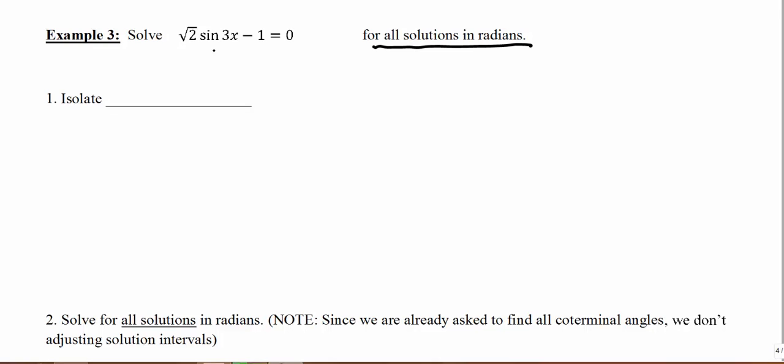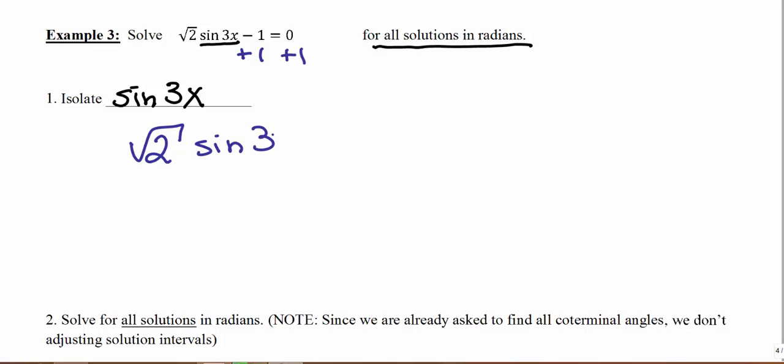So the first thing we want to do is get the trig function and its input angle by itself. So we want to isolate sine 3x. In order to do that, we do adding and subtracting first, so we will add 1 to both sides. So we have the square root of 2 times sine of 3x equals 1, and then we will divide both sides by the square root of 2.